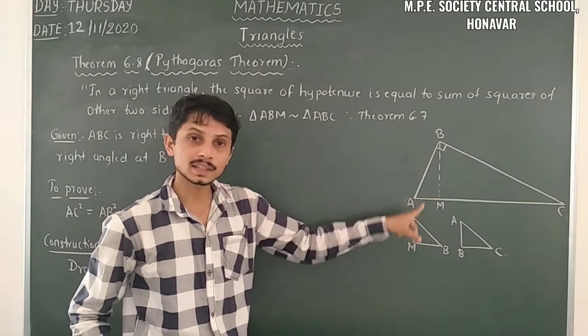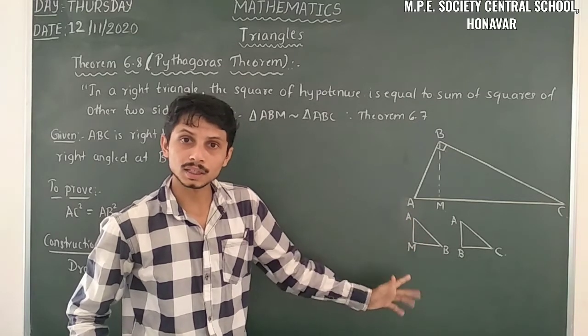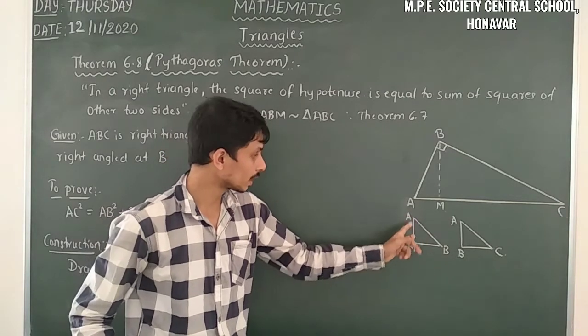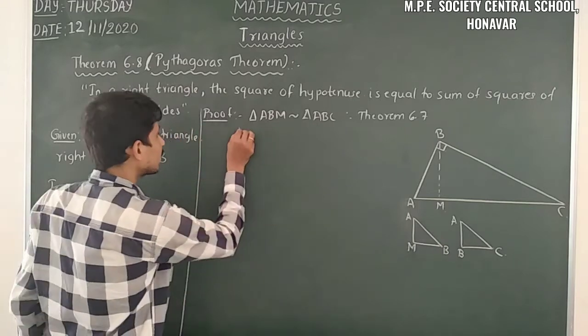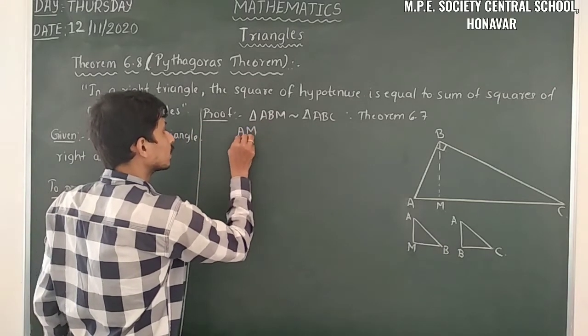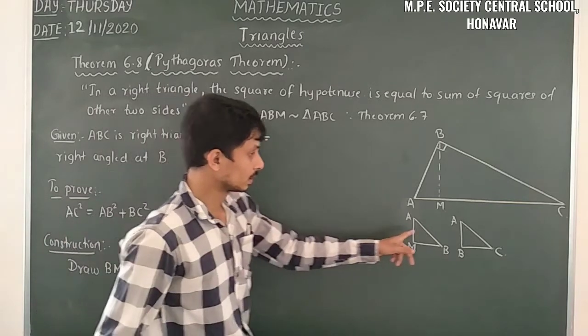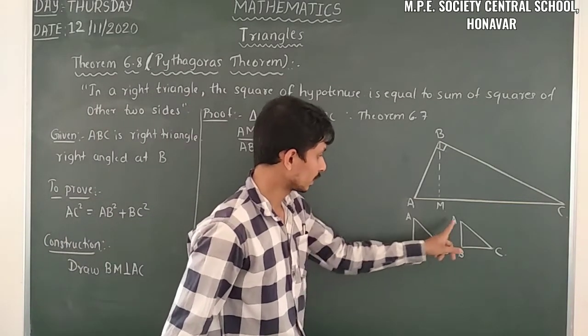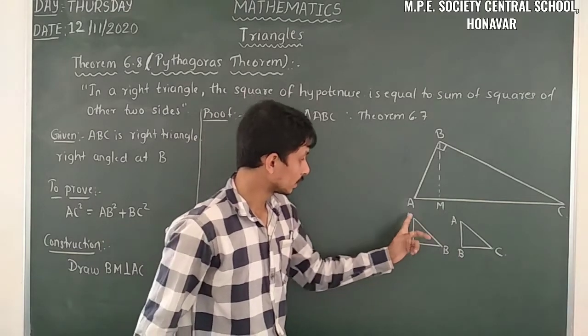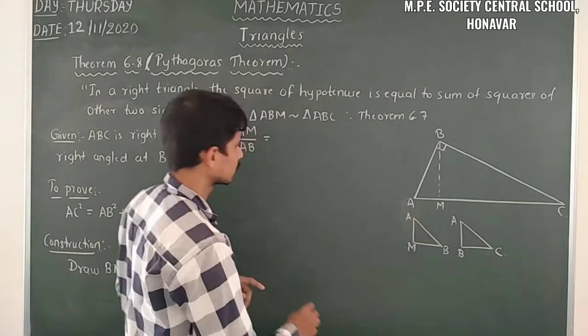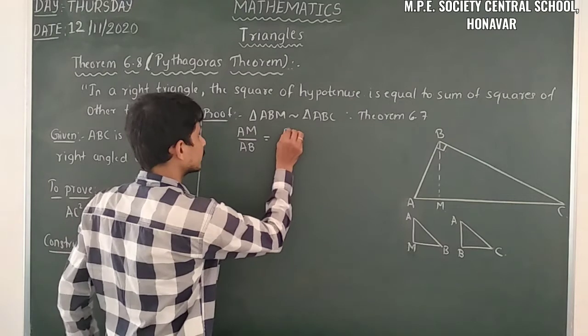So after that we can easily take the similarity. Let us take the corresponding sides are proportional. How can we take AM by AB? AM by AB is equal to AB by AC.